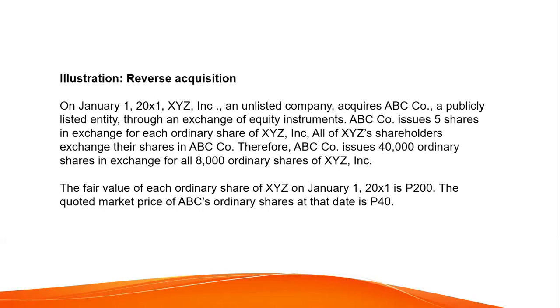reverse acquisition. On January 1, 20X1, XYZ Incorporated, an unlisted company, acquires ABC Company, a publicly listed entity, through an exchange of equity instruments. ABC Company issues 5 shares in exchange for each ordinary share of XYZ Incorporated.